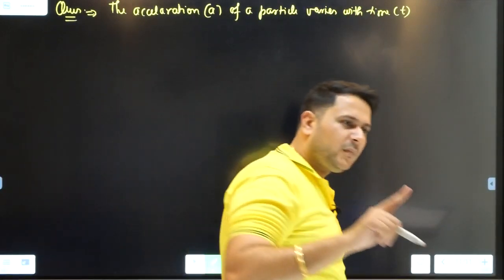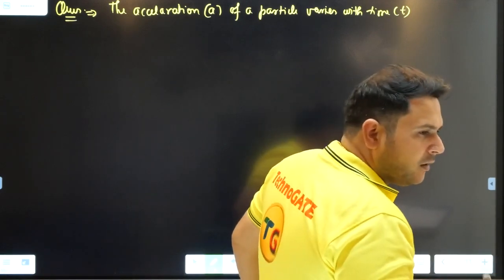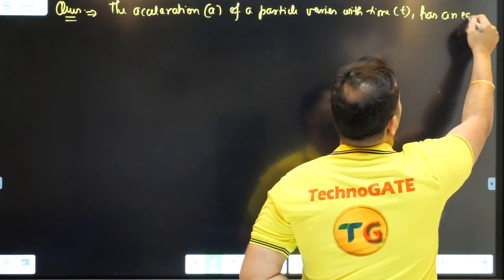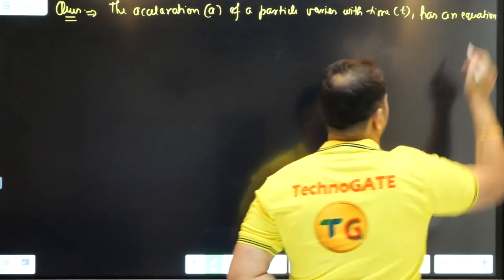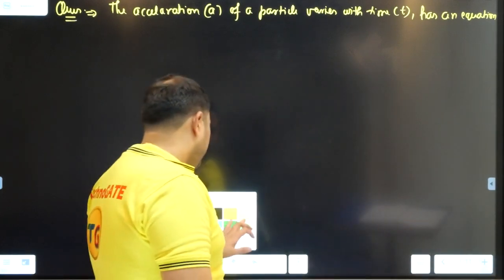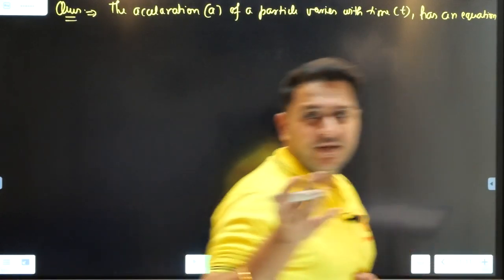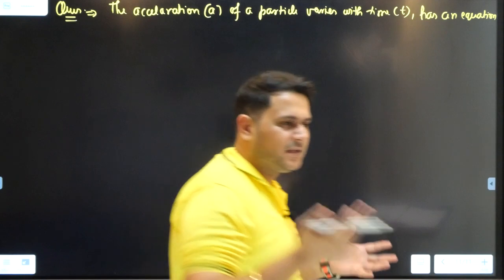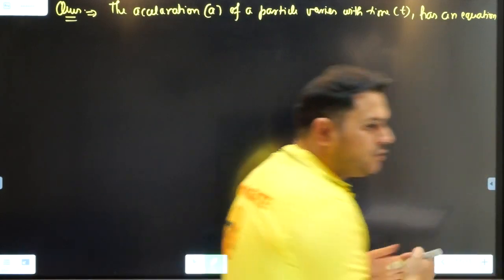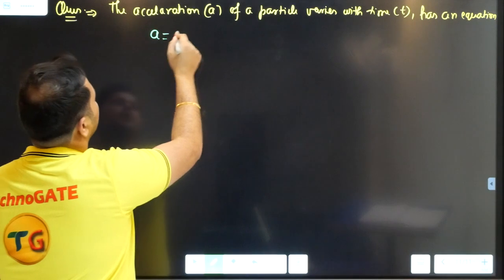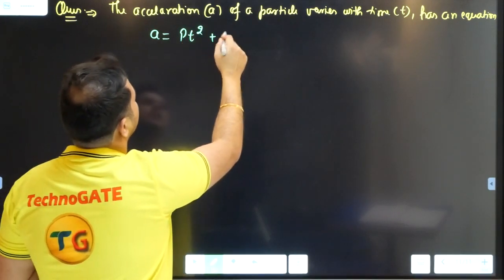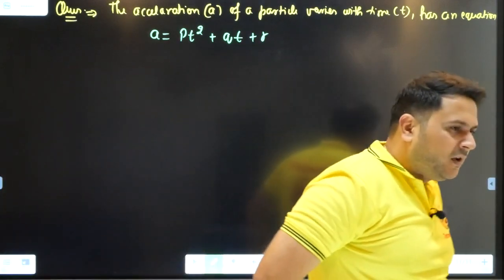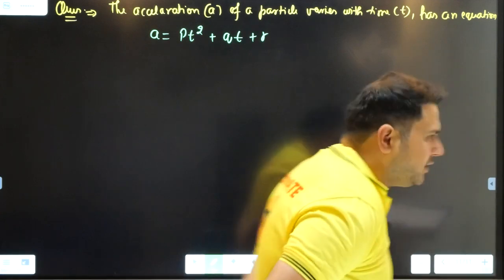This is the first condition. It has an equation. This is an actual question which was asked in previous year questions in some examination, right? So a is equal to pt square plus qt plus r. This is the equation, right? Where p, q and r are constants.